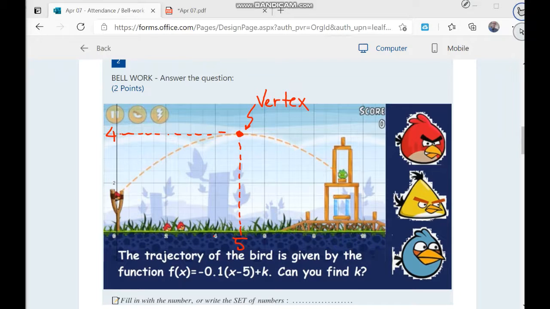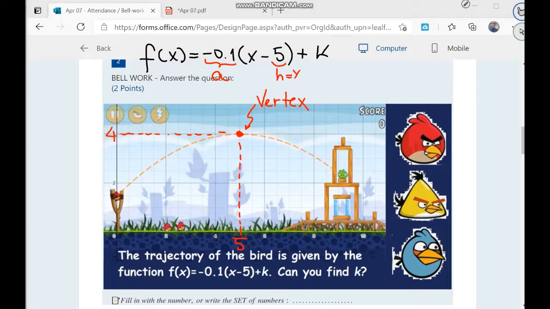The function f, let me write it down here, f of x equals negative 0.1 (x minus 5) plus k. So negative 0.1 is a, 5 is h, and h is the x of the vertex.